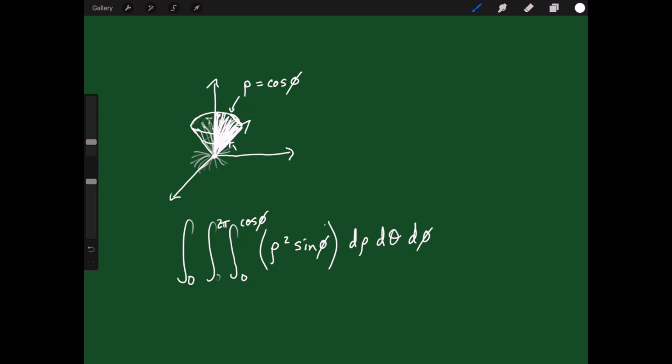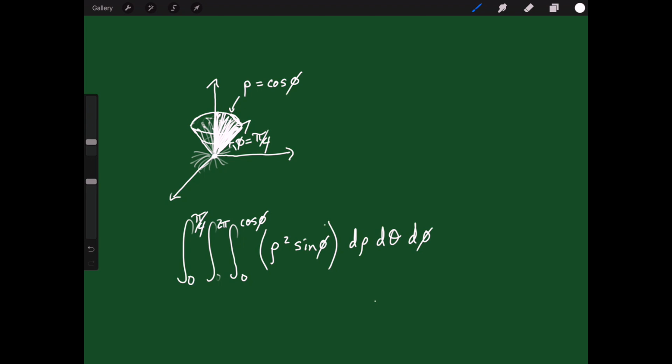That's phi equals pi over 4, because we know that's a 45-degree angle. So we're going from 0 to pi over 4. Now this thing is set up and completely ready to integrate. Let's do it, and then we'll be ready for some homework.